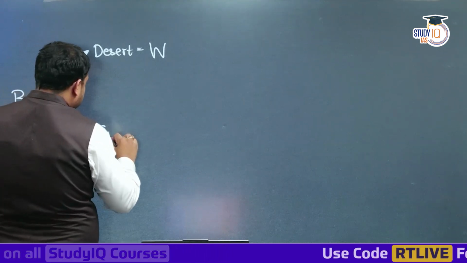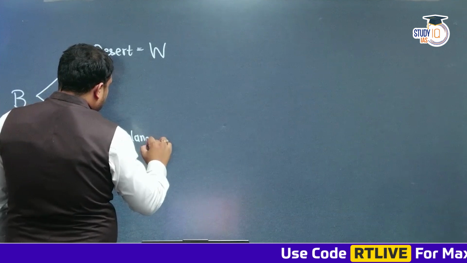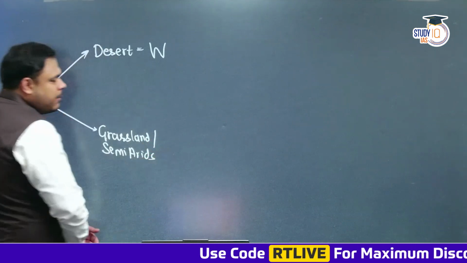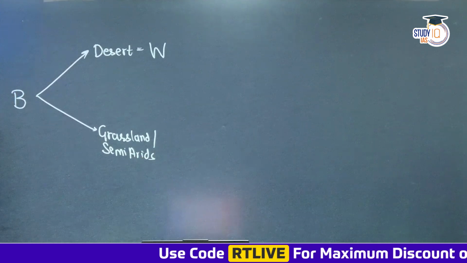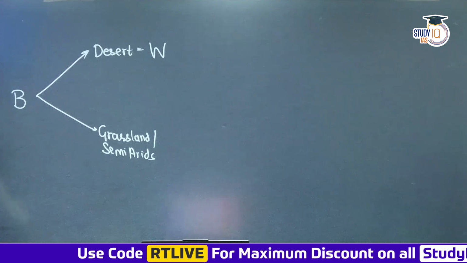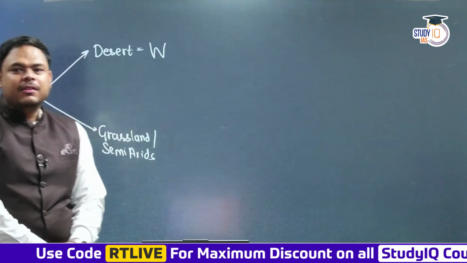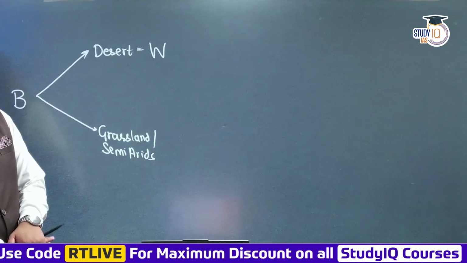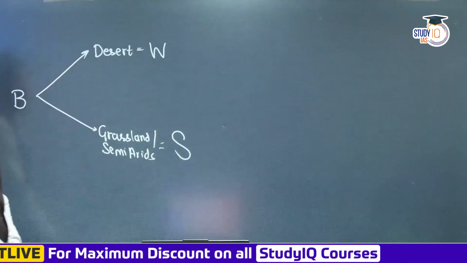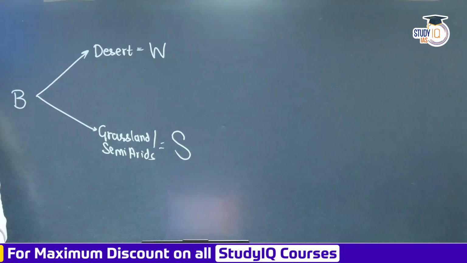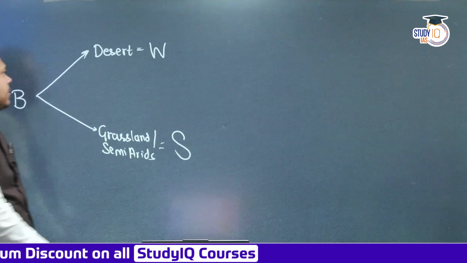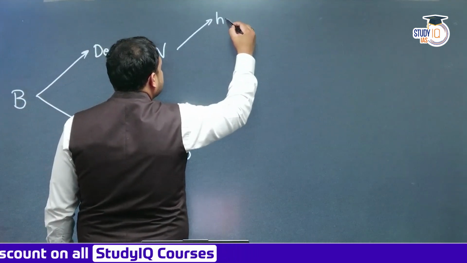And grasslands or semi-arid regions, what are grasslands called in German? In Germanic languages, steppes. S-T-E-P-P-E, you say steppes, right? We pronounce it as steppes. So capital S. Now in German, hot is hot and cold is kalt. So desert can be hot.